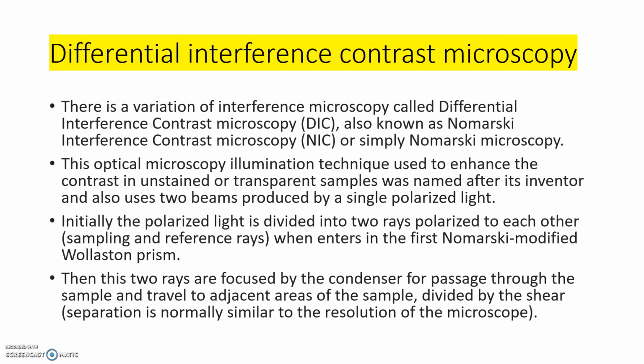Also there is a variation of interference microscopy called differential interference contrast microscopy, also known as Nomarski interference contrast microscopy. It is an optical microscopy illumination technique used to enhance contrast in unstained or transparent samples, named after its inventor, and it also uses two beams produced by a single polarized light.